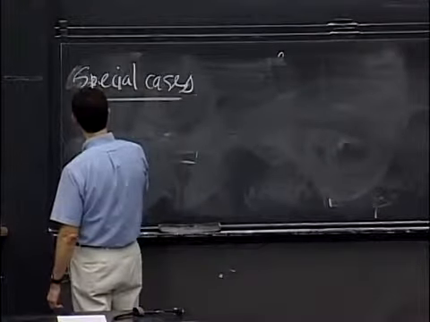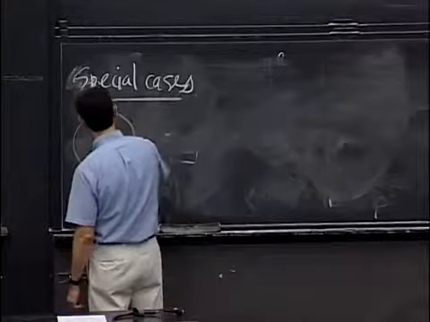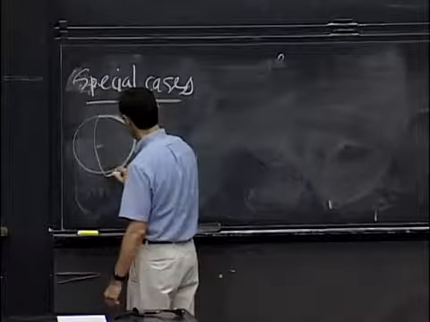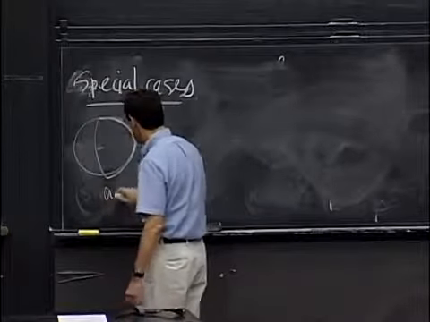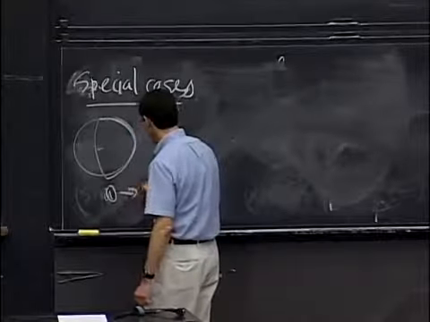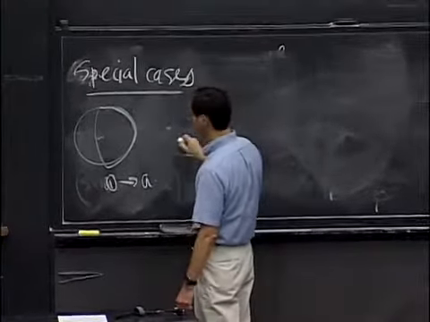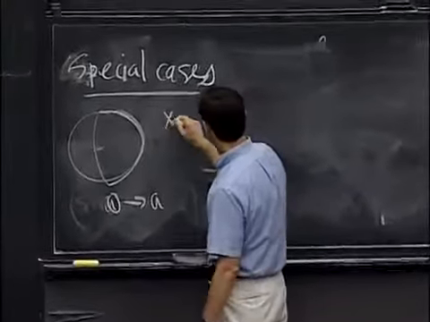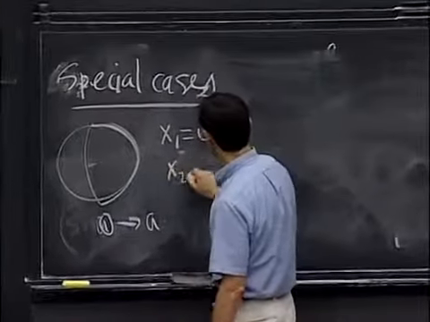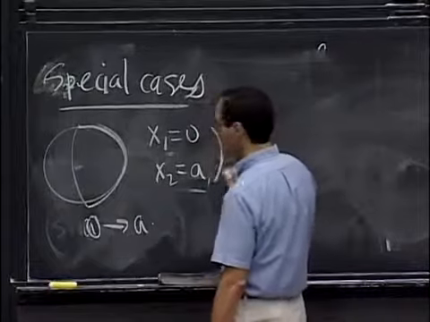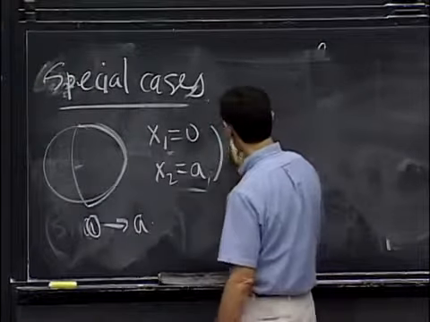If you take, for example, the hemisphere, so you take 1/2 of the sphere, that would be starting at 0 and ending at a. So that's the integral from 0 to a. This is the case x1 is equal to 0, x2 is equal to a. And what you're going to get is a hemisphere.